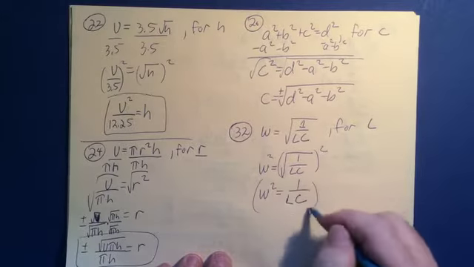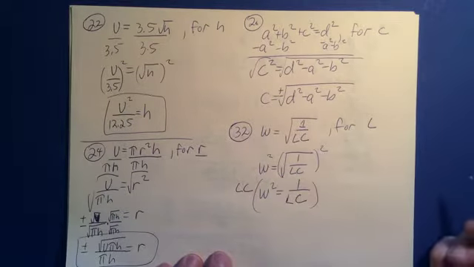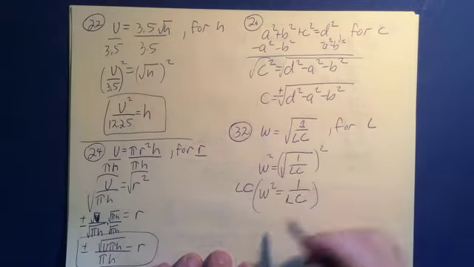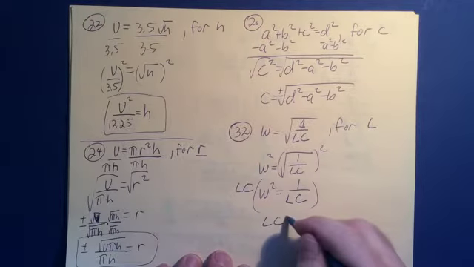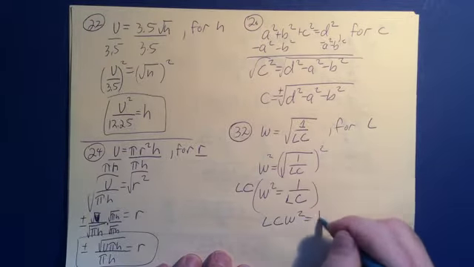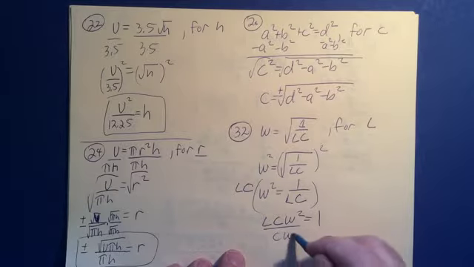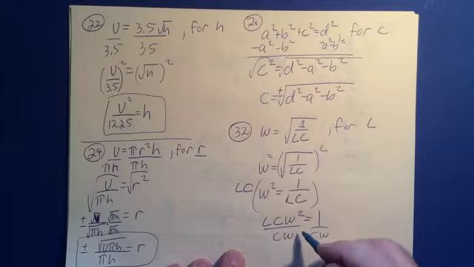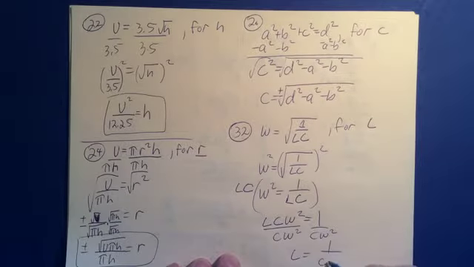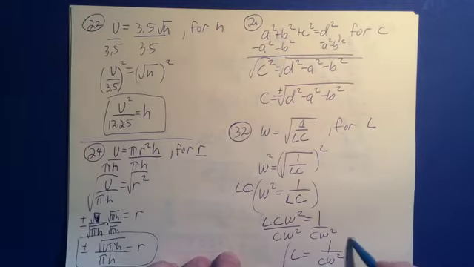So I'm going to multiply everything by LC. This is going to give me LCw squared is equal to 1 because the LC cancels here. Now that I have it written this way, I can just divide by Cw squared. And that'll give me L equals 1 over Cw squared.